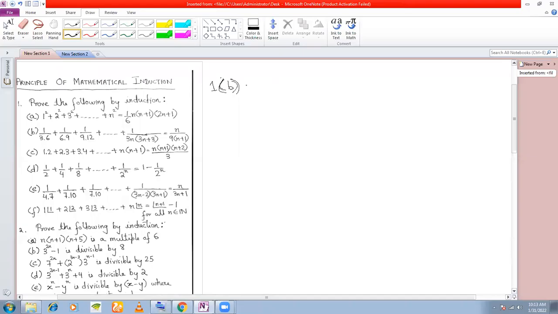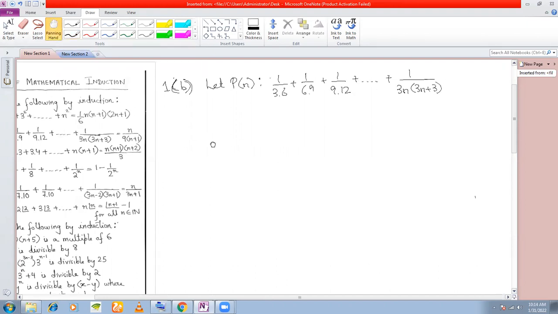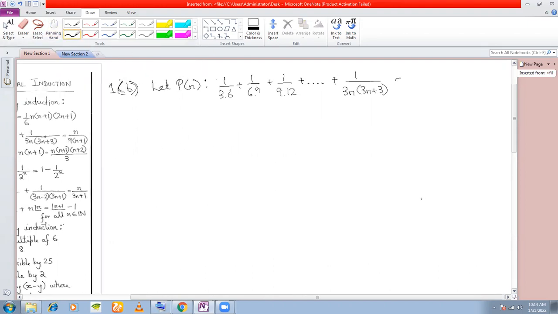Okay. So I start by saying let Pn be the given mathematical statement: 1 by 3 into 6 plus 1 by 6 into 9 plus 1 by 9 into 12 and so on up till 1 by 3n into 3n plus 3 is equal to n divided by 9 times n plus 1.